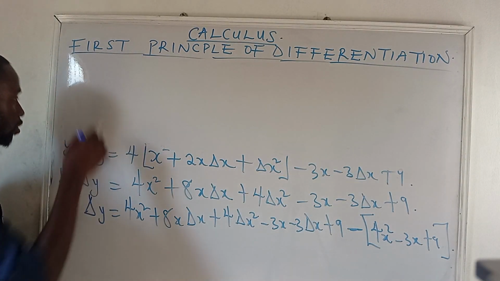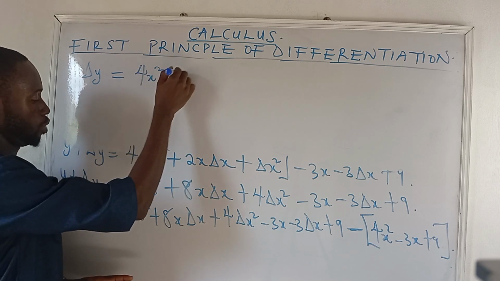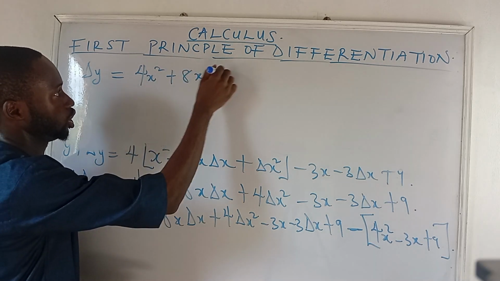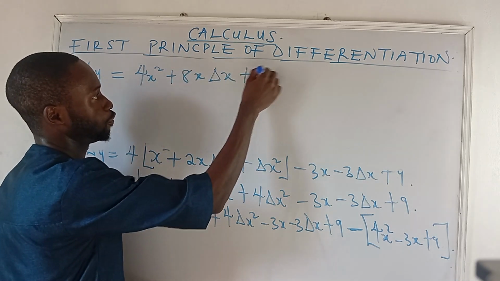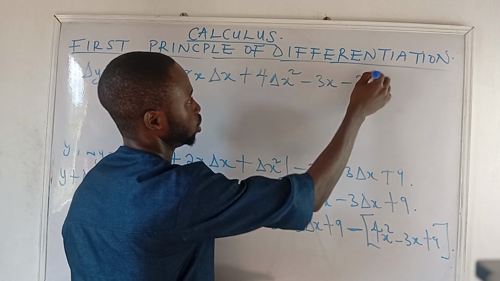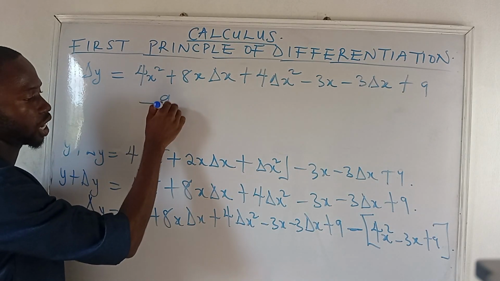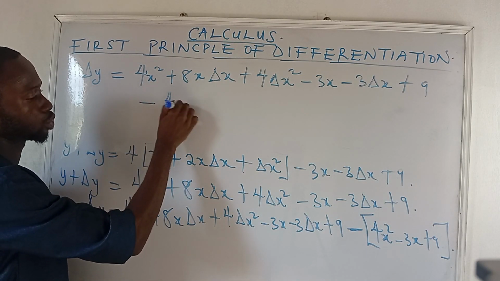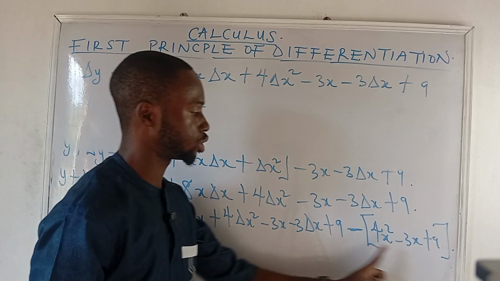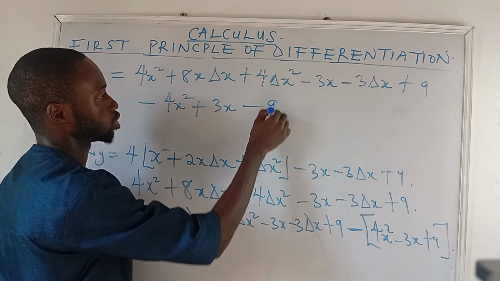So we would have change in y equals 4x squared plus 8x change in x plus 4 change in x squared minus 3x minus 3 change in x plus 9. If I open this bracket, I'll have minus 4x squared, minus times minus give me plus 3x, minus times plus give me minus 9.